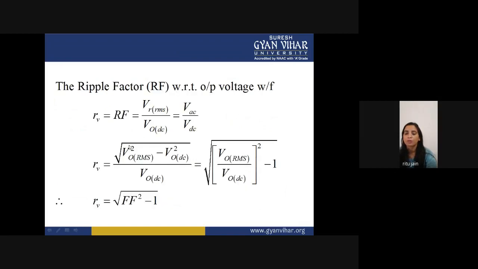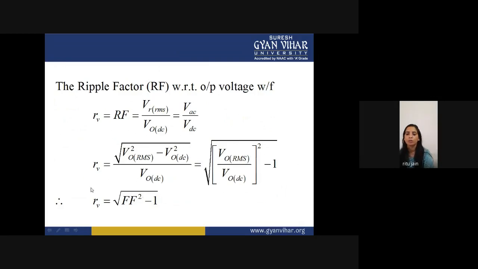So you will get root of V naught square RMS minus V naught square DC upon V naught DC. You can simplify this equation, and you will get the ripple factor, which is equal to V naught RMS upon V DC, this is your AC component upon DC component, minus 1.